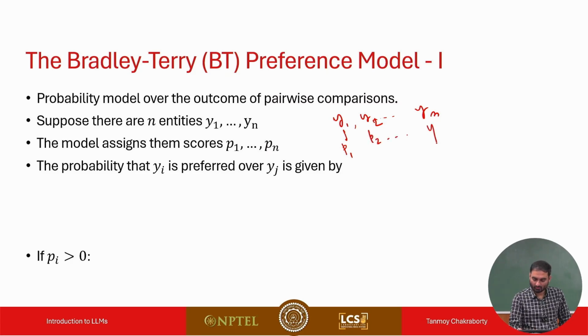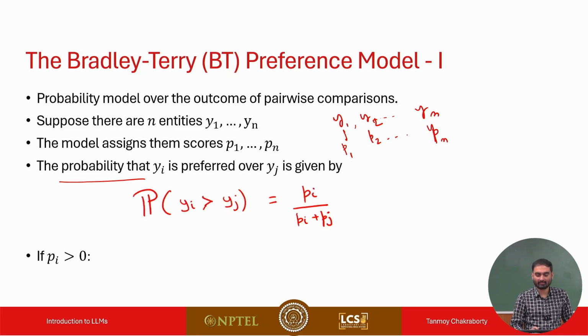If I ask you what is the probability that yi is preferred over yj, if we follow the Bradley-Terry model, I will write it in this way: yi.